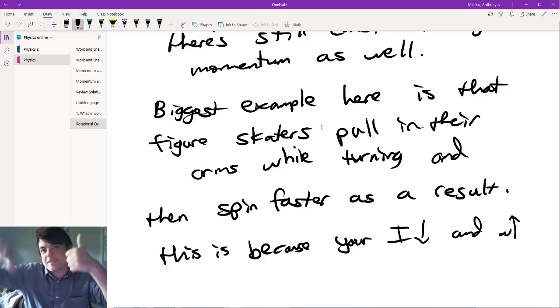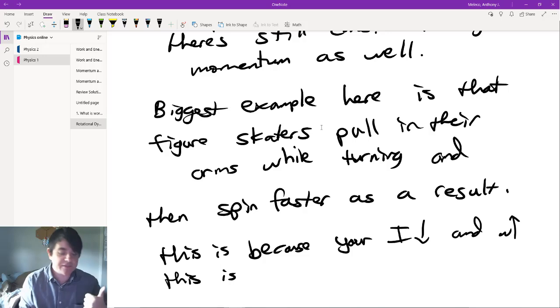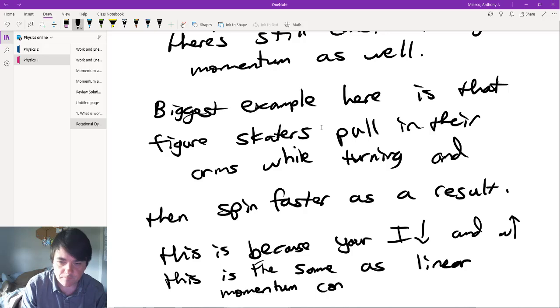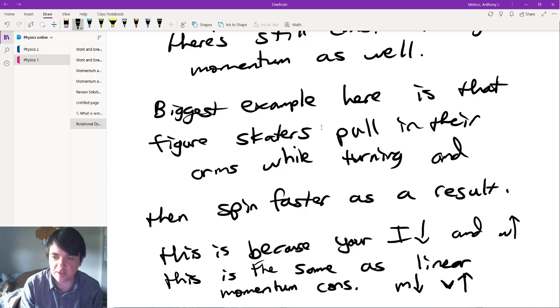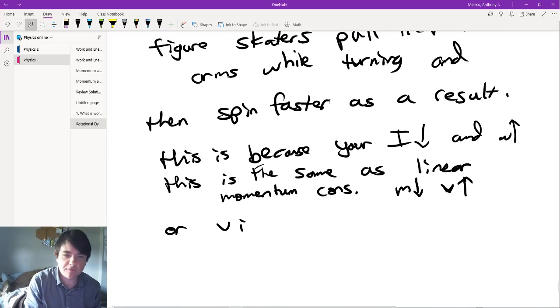If you're increasing your mass, you're decreasing your velocity, or decreasing your mass, increasing your velocity. So this is the same as linear momentum conservation, where mass decreases, v increases, okay? Or vice versa.